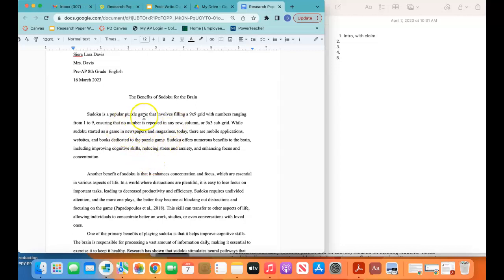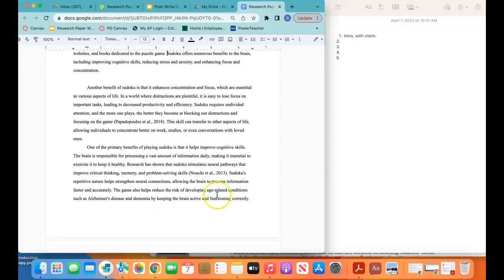So this part just introduces the thing I'm writing about, what it is, maybe how it's important to us right now. And then my claim right here: Sudoku offers numerous benefits to the brain, including improving cognitive skills, reducing stress and anxiety, enhancing focus and concentration. So check. Okay, that's great. I have the introduction, I have the claim, and I'm not trying to talk about anything else in that first paragraph.